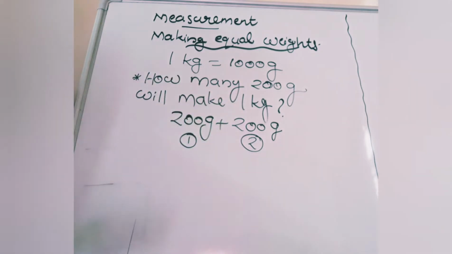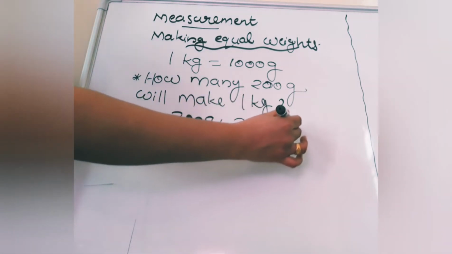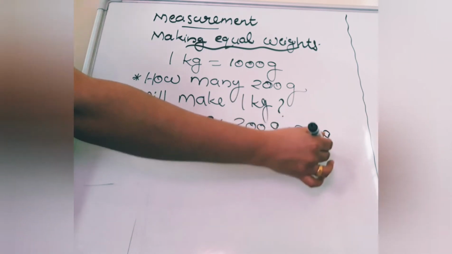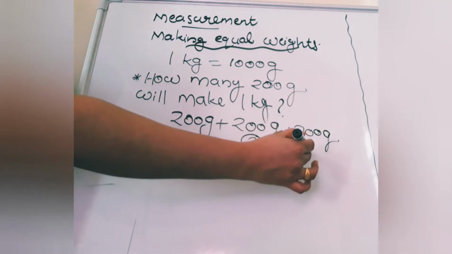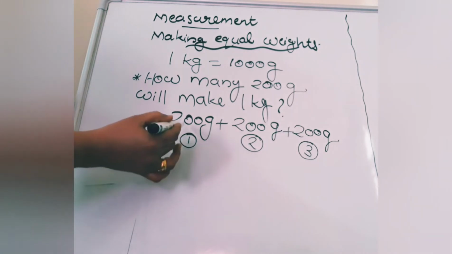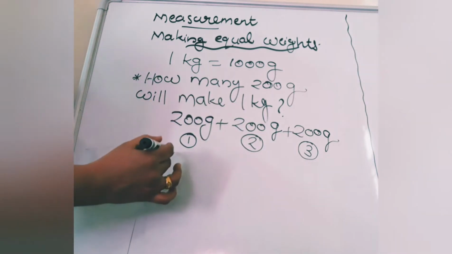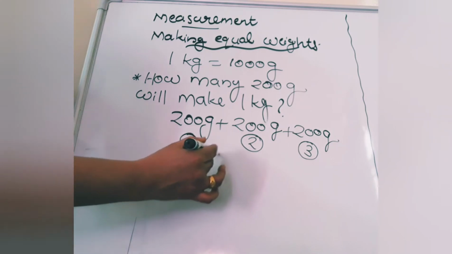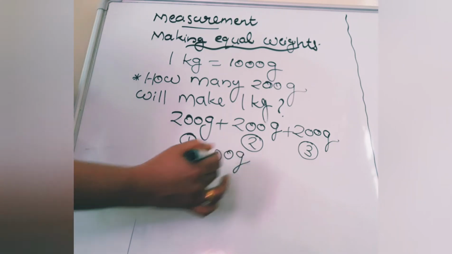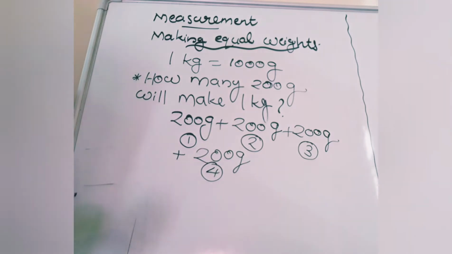1 kg is 1000 gram, so we should get 1000 gram. So one more time you take. Here you have to write 3. 3 times: 200 plus 200 plus 200, we will get 600 gram only. So again you have to take one more time, 200 gram. This is 4 times, so it is now 800 gram.